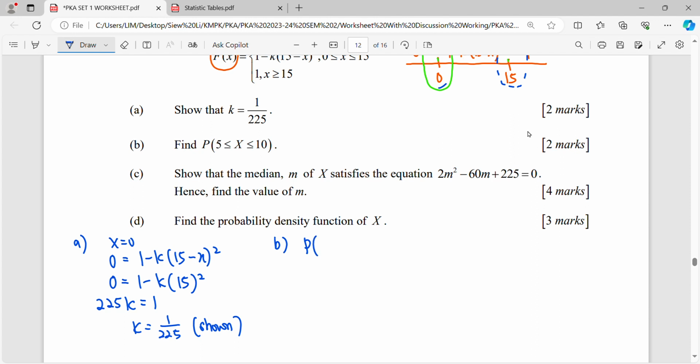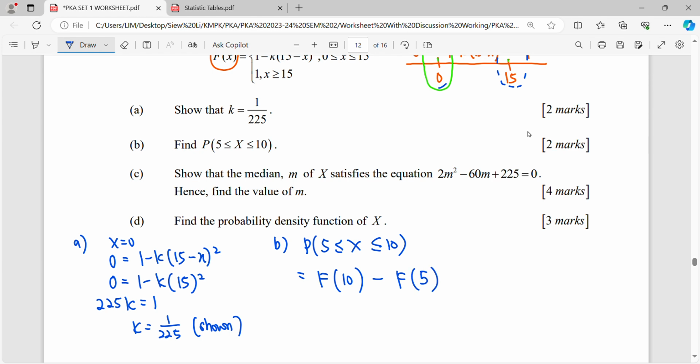When you want to find the probability in between 5 and 10. In continuous, whether the endpoint is included or not, are we concerned about it? No. When we're doing cumulative, we accumulate to the maximum limit, which is 10, minus the lower limit, which is 5.